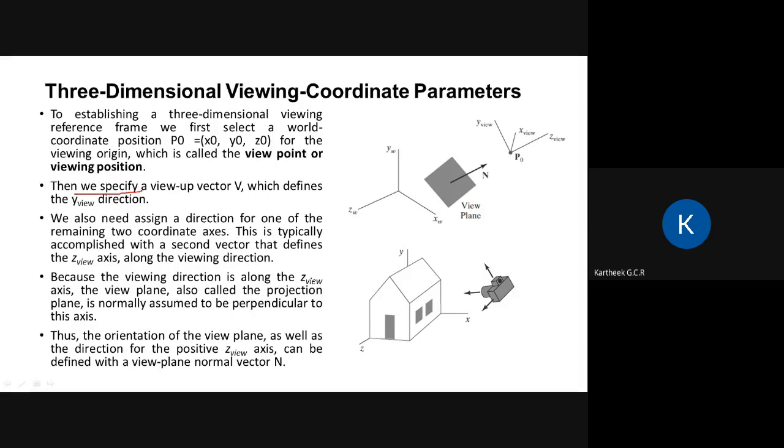So we will have to specify the view up vector V, which defines the Y view direction. We are basically trying to come up with a coordinate system for the camera. First we give the up direction, which gives us the Y axis of the camera.